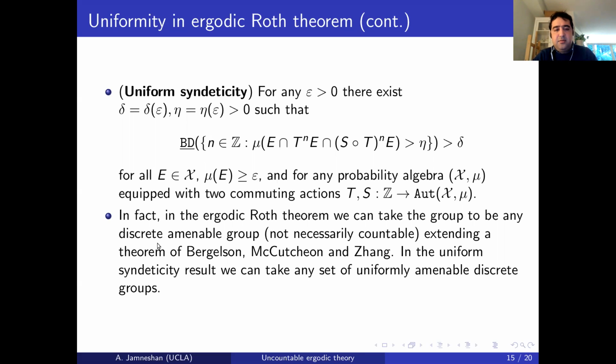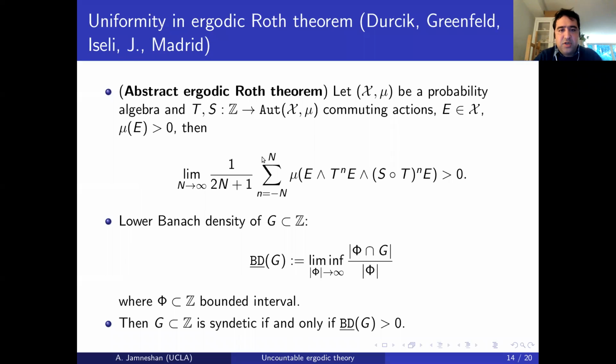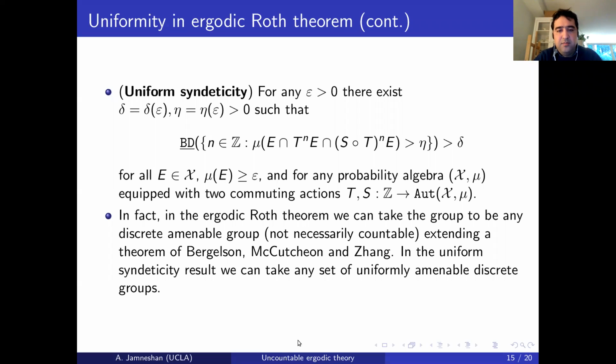So as I said before, just for purposes of this talk, I focused on the integers, but in fact this theorem, the abstract ergodic Ross theorem, holds for any discrete amenable group, and this group doesn't necessarily have to be countable. And this extends a result of Bergelson, McCutcheon, and Zhang from the 90s.